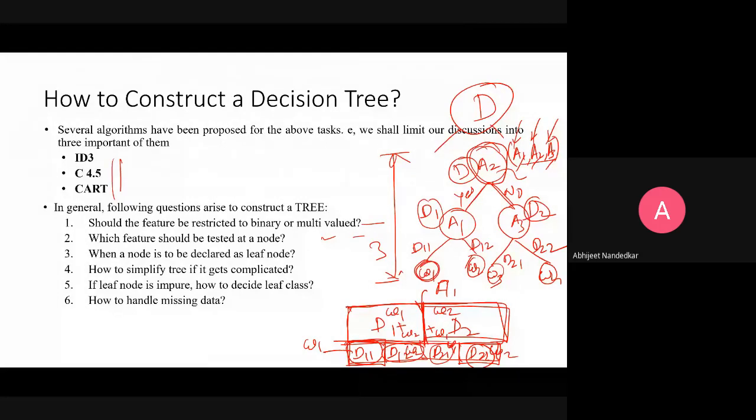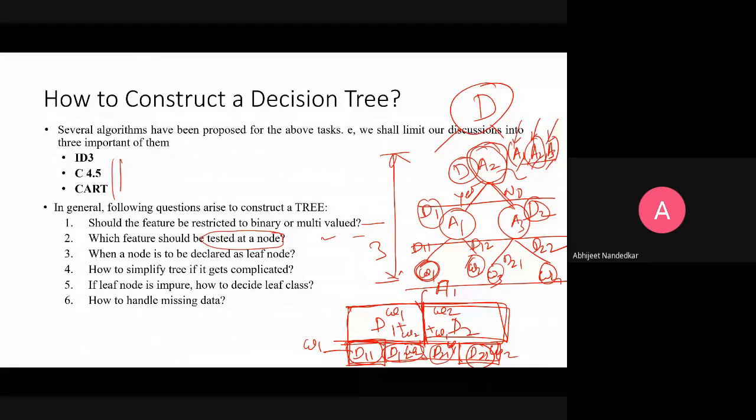Asking a question on, suppose, A1 may give you a depth of 5, that is 5 levels of nodes required to get pure nodes. Then the first feature is better than the second one. So which is to be tested first? That we will see how to do.